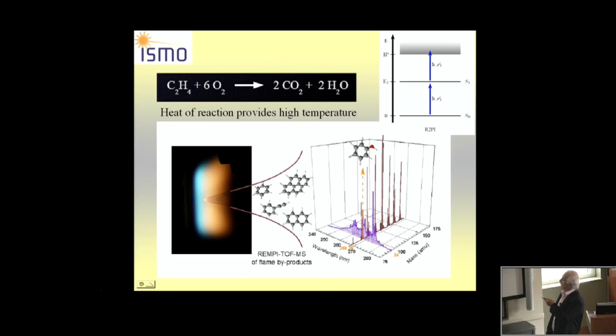Through this cone, the products present in the flame at that point are extracted, and then I will explain how. We have been doing two-dimensional kind of spectroscopy. In one direction, we measure the mass thanks to a mass spectrometer. In the other direction, we measure the UV spectrum by resonant two-photon ionization.